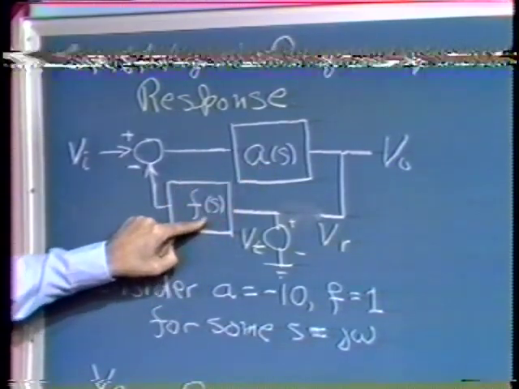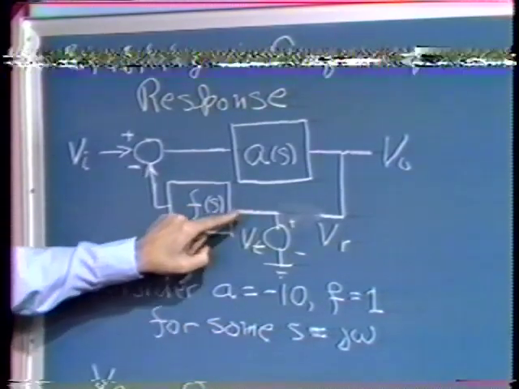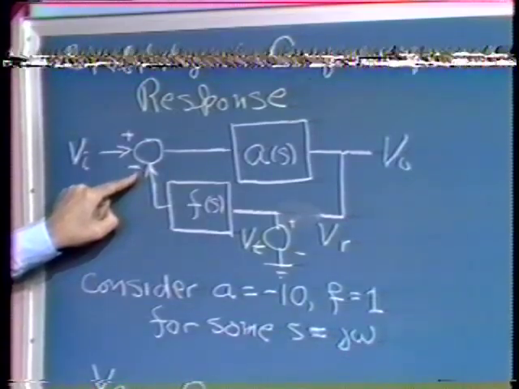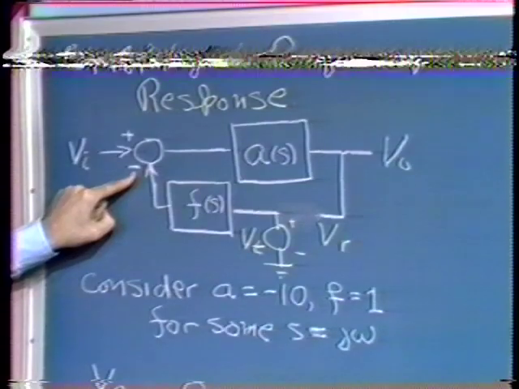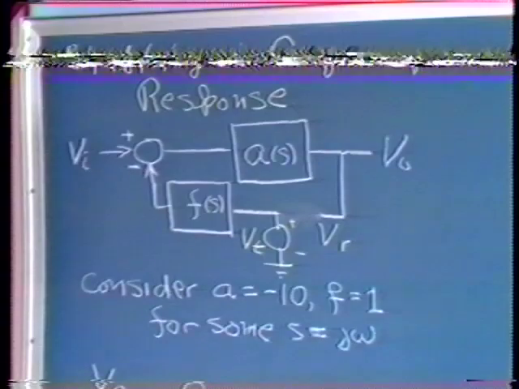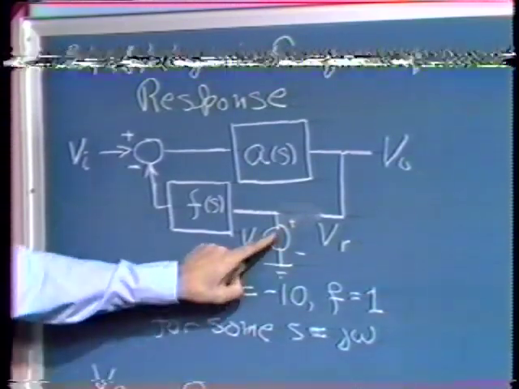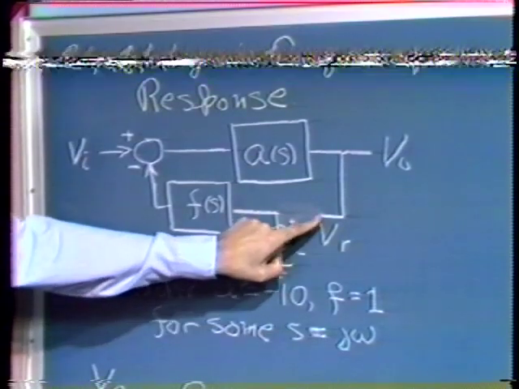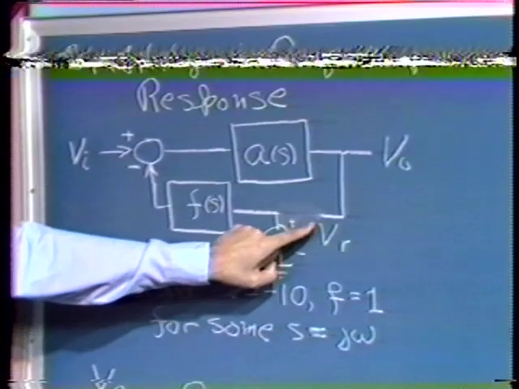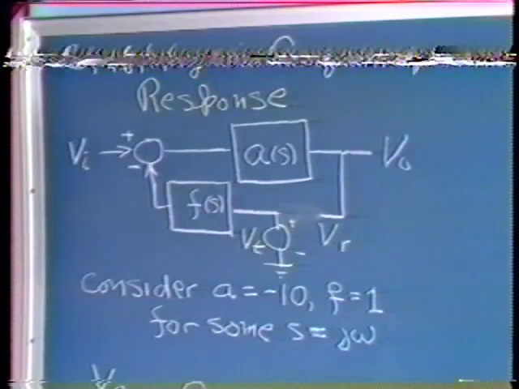F has a magnitude of 1 with no phase shift. Consequently, the loop transmission, which includes one more inversion or one more 180-degree phase shift at this point in the diagram, has a magnitude of +10. And we suspect that something might be wrong with that. If we put in a test signal here, get out a signal that's exactly in phase with our test signal, but 10 times as large, we might suspect that there's potential difficulty with that sort of a system.